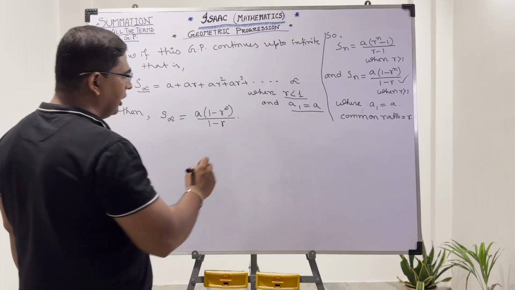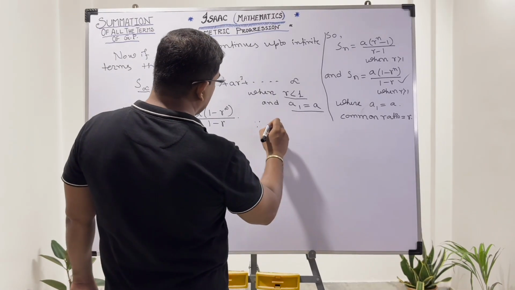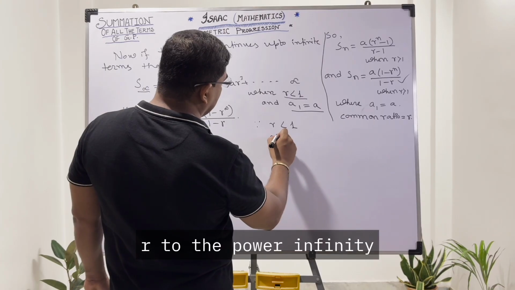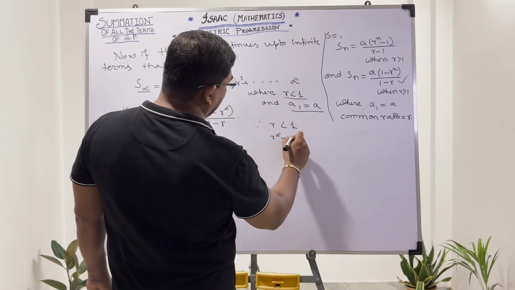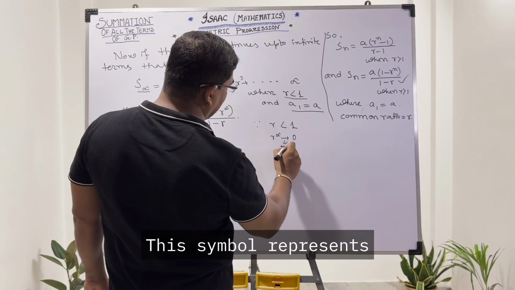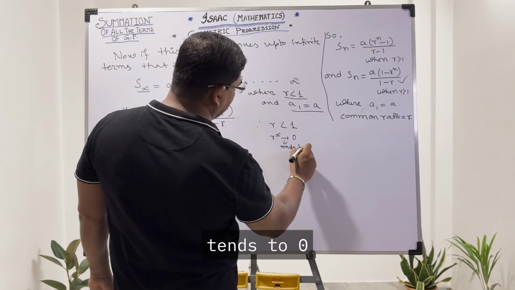Okay, since r is lesser than 1, r to the power infinity tends to 0. This symbol represents tends to 0.